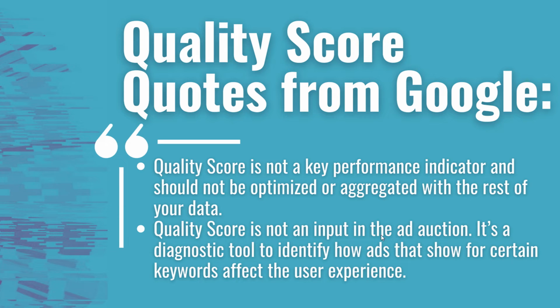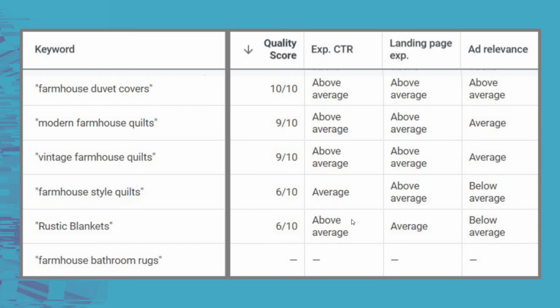It's not an input in the ad auction. It's a diagnostic tool to identify how ads that show for certain keywords affect the user experience. The way I always look at it as an advertiser is I do believe that Google Ads uses the expected click-through rate, the landing page experience, and the ad relevance themselves as part of the ad auction, but they're not specifically looking at the exact quality score from 0 to 10 to say, okay, this advertiser has a 9 out of 10, this one has a 6 out of 10, so therefore this one has a much better ad.